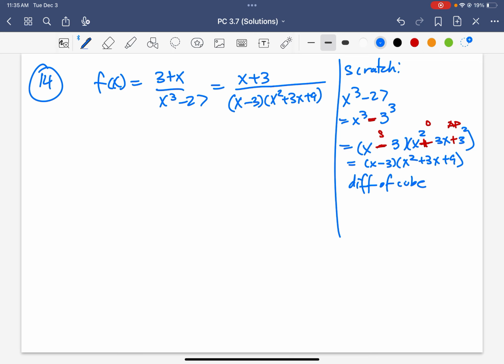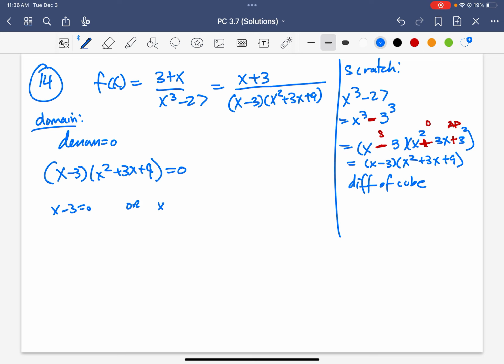So if it asks us to find the domain, we set the denominator equal to 0. For the denominator equal to 0, we get this times this equals 0. So to find the domain, either this is equal to 0 or this is equal to 0.